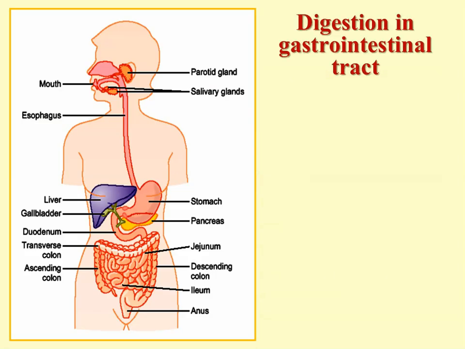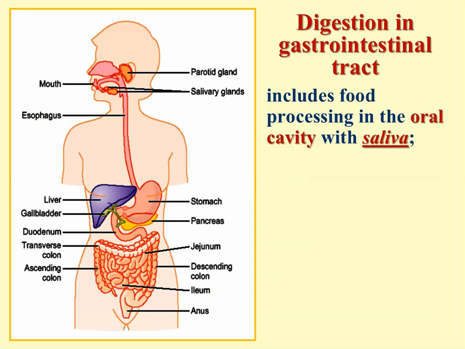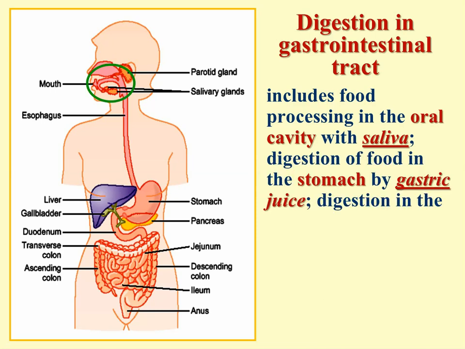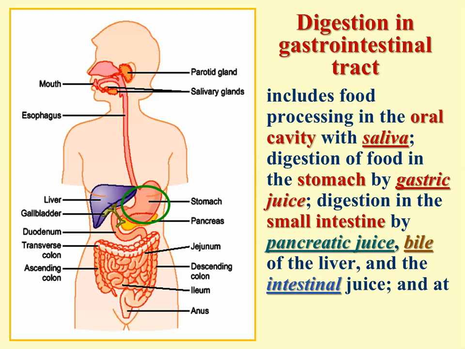Let's consider which digestive processes occur along the gastrointestinal tract. The processing of food, which already becomes converted to chyme, begins in the oral cavity, and it occurs due to mechanical processing by chewing and also by chemical processing due to saliva. Then, the next processing occurs in the stomach due to mechanical functions of the stomach and gastric juice secretion.